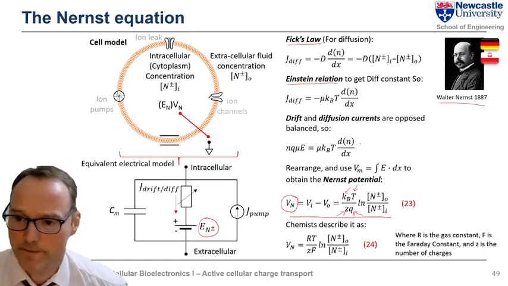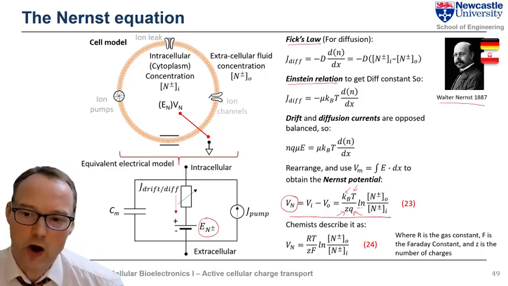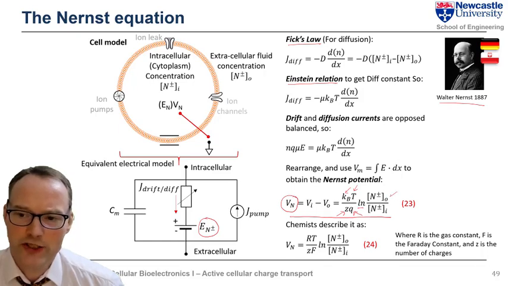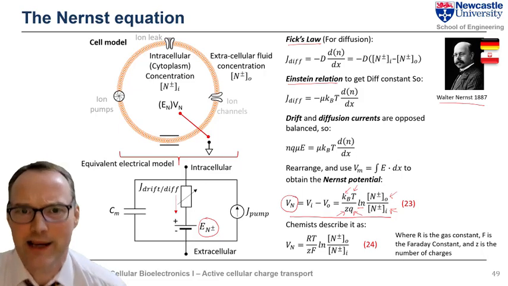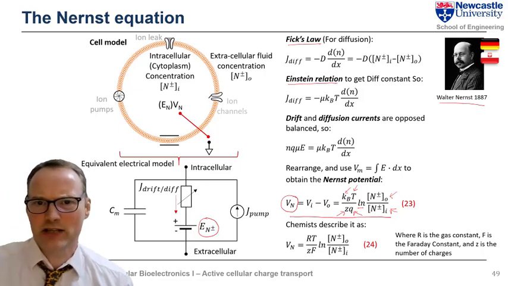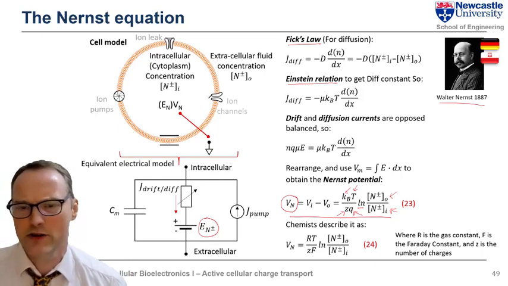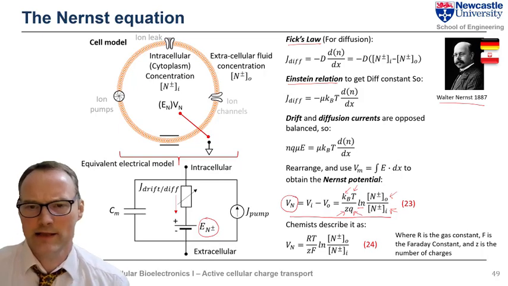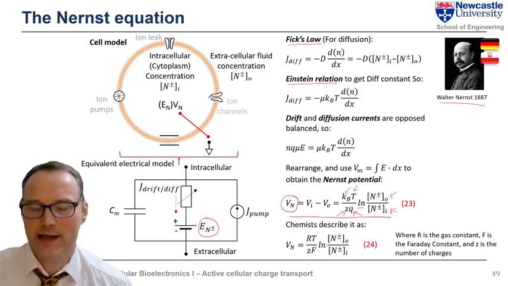And then you've got this interesting concept that it's the logarithm of the concentration on the outside compared to the concentration on the inside. But that's weird, because we're thinking of the Nernst potential as the voltage of the inside of the cell compared to the outside, and yet this is the logarithm of the outside concentration compared to the inside.